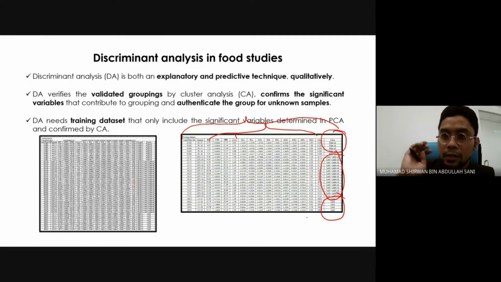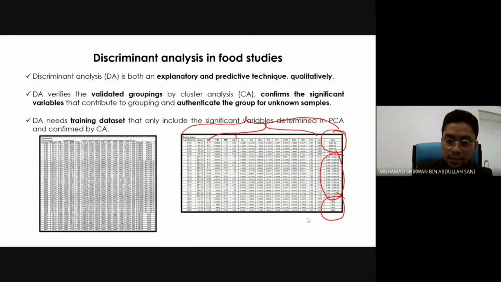And then we carry out the discriminant analysis. So the system will keep it as a database. Then I analyze one fish feed, which I know the content of, but I want this discriminant analysis to predict whether this fish feed contains palm oil only, palm oil and lard mixture, or lard only.